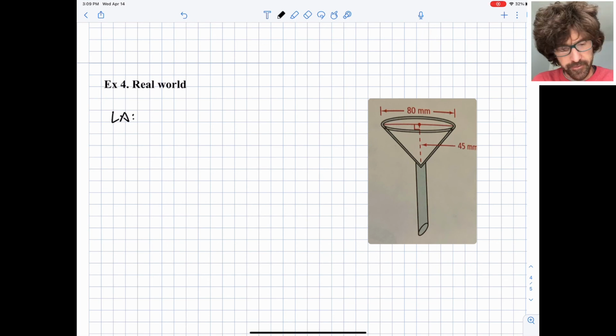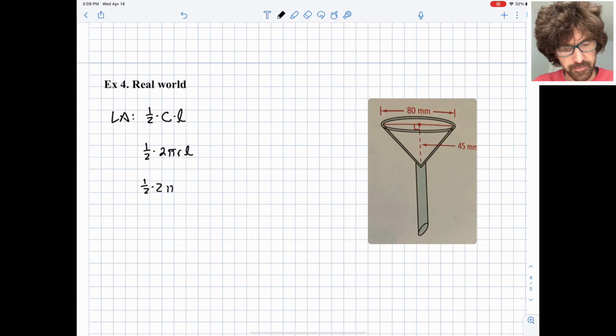So remember, the lateral area of a cone is 1/2 times the circumference or perimeter times L. So that's 1/2 times 2 pi r times L. So that turns into 1/2 times 2 times pi. The radius here is 40, and L is 45. So we can simplify that down a little bit.